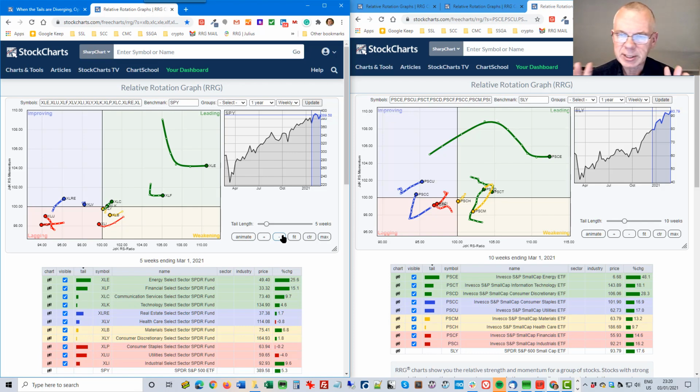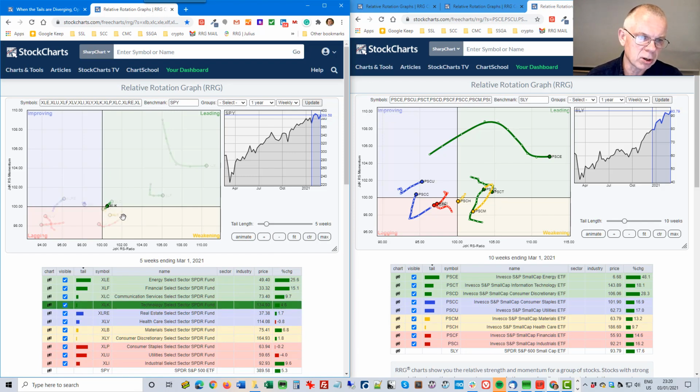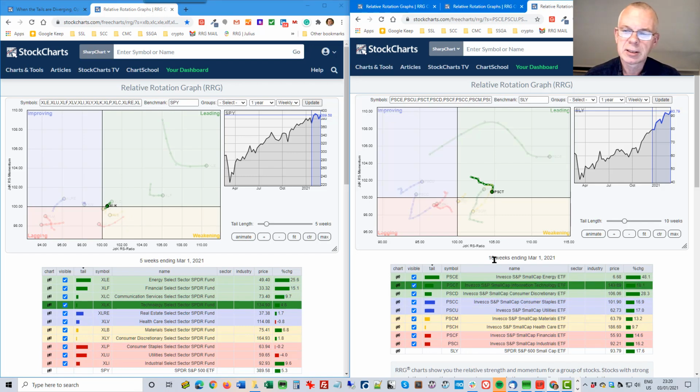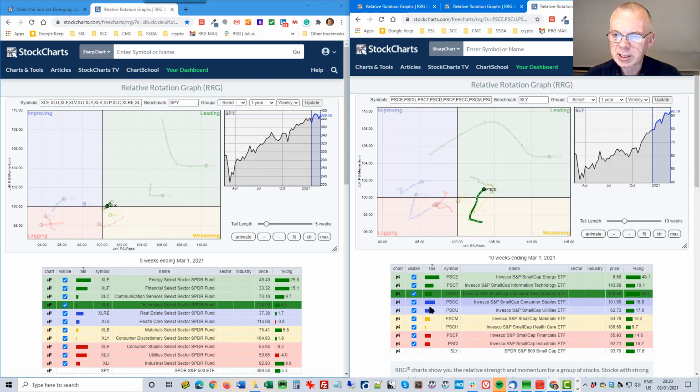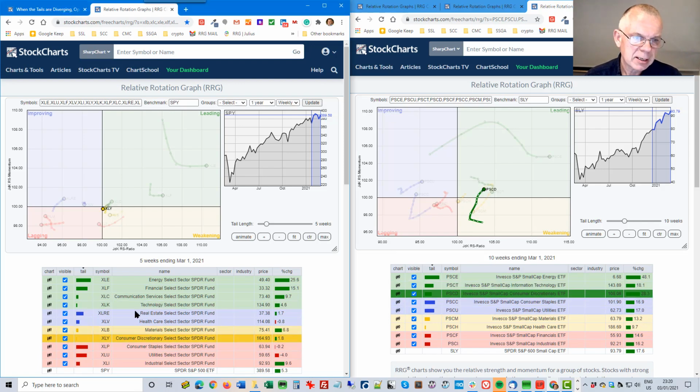So these two look pretty much the same, and you can look at, for example, here is technology on the large caps, and we can find technology here on the small caps, and you see that's a different trajectory, that's a different move. Same for consumer discretionary, and consumer discretionary here is even more pronounced because this is actually a pretty strong move, and this is actually a pretty weak move as we discussed it. So you can get some different things.